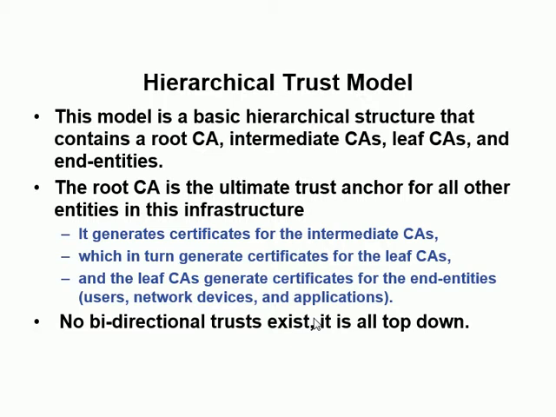A hierarchical trust model is a basic hierarchical structure that contains a root CA and then intermediate CAs, leaf CAs, and end entities. The root CA is the ultimate trust anchor for all of the other CAs. So there's no bidirectional trust. It's all from the top going down.